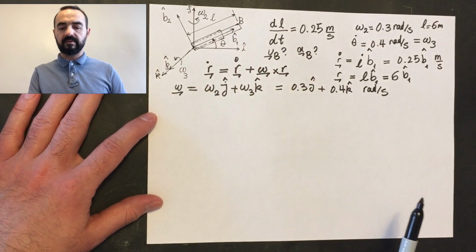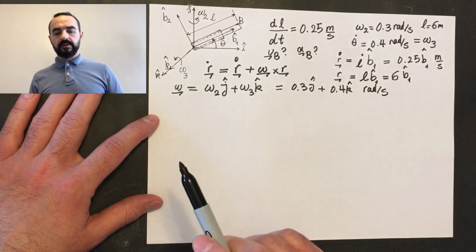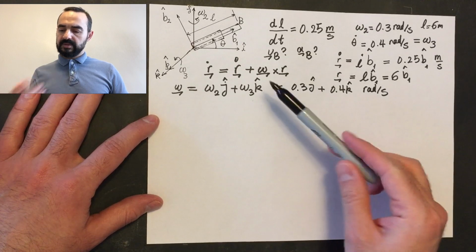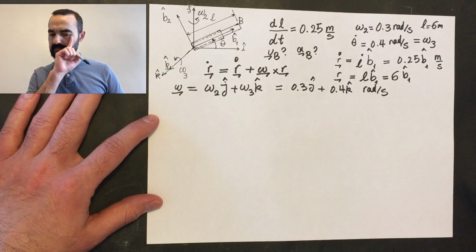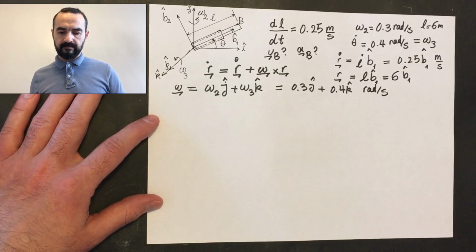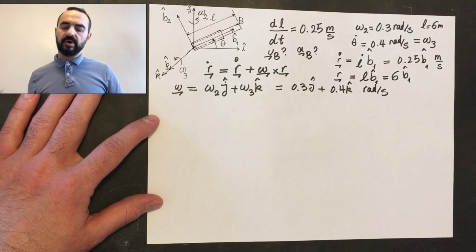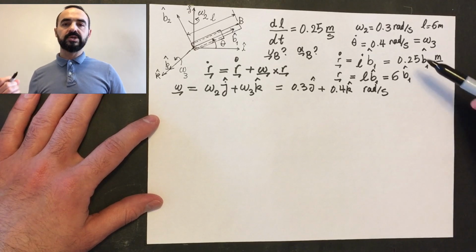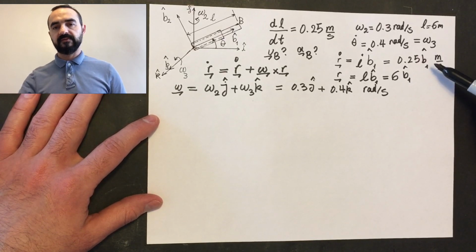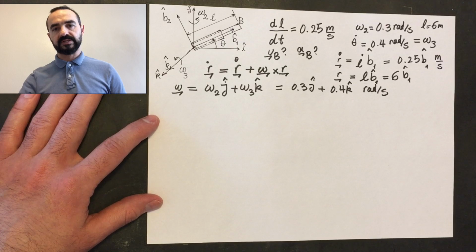So r is describing B. We have omega, we have r, we have r circle. Now what should we do? The question you should ask yourself now is, what should you do with these unit vectors? That's your next step.